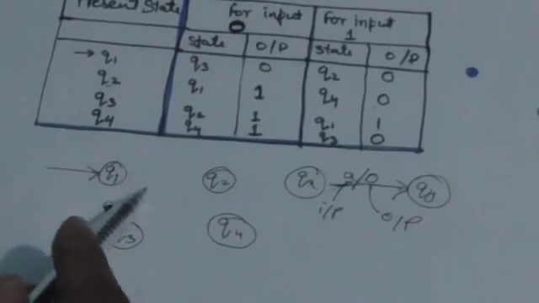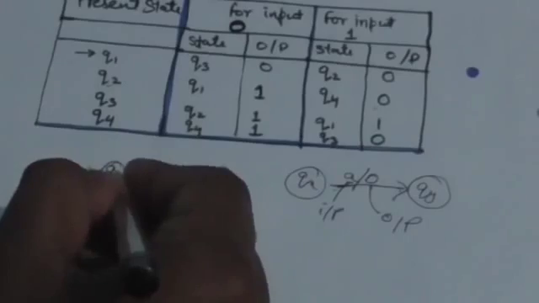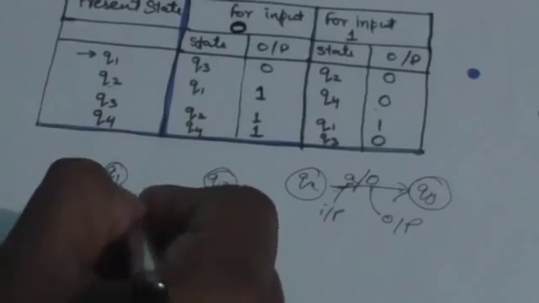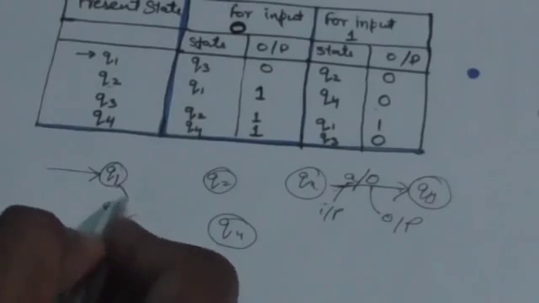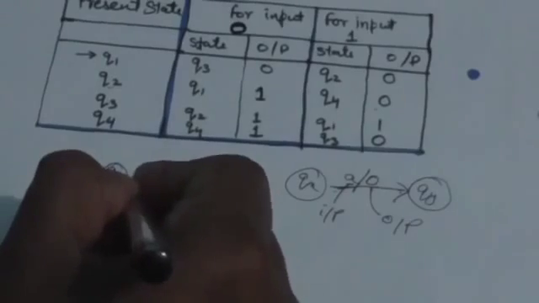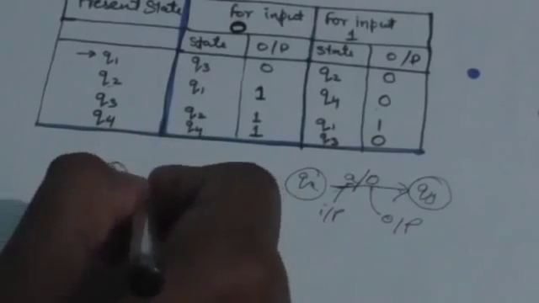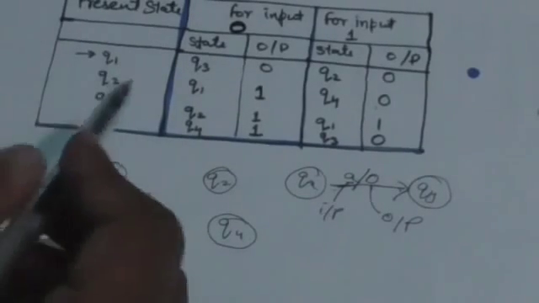Now see Q1. When it reads 0, it jumps to Q3 state and it gives output 0. So how will we label this arrow? First write input symbol, that is 0, then write output symbol 0.